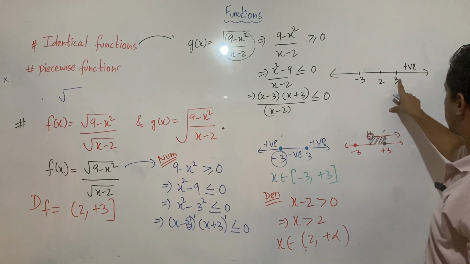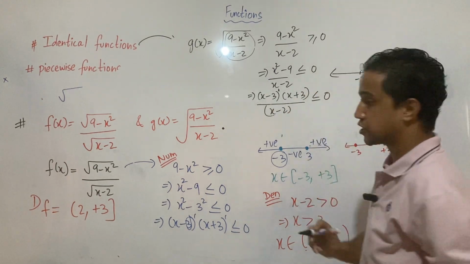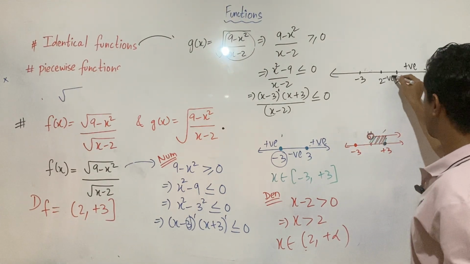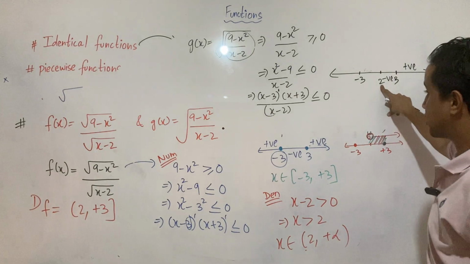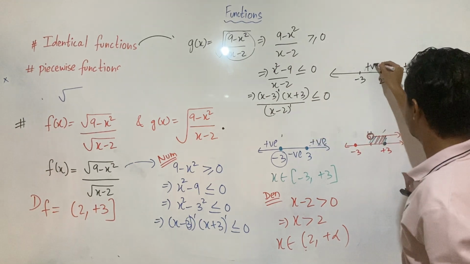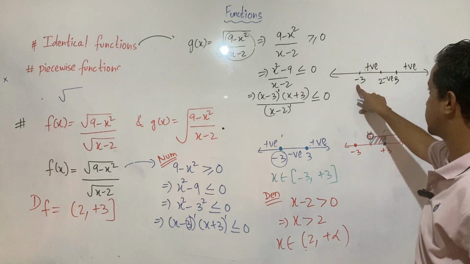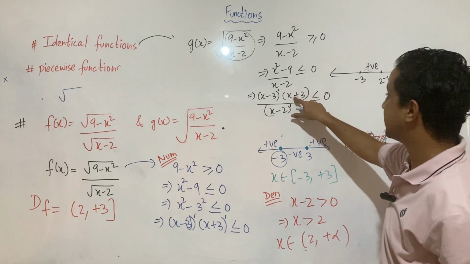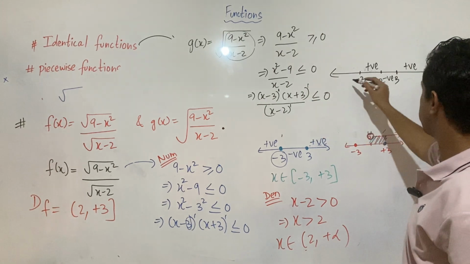Now go for this expression, x minus 3. What's the power here? Exponent 1. So the exponent is odd, which means the sign will change, right? Now look for the exponent that has 2 in the expression. Odd power means the sign will change, positive. Now look for the exponent that has minus 3 in the expression. This is basically x minus minus of 3. Again, the power is odd, so the sign will change, negative.